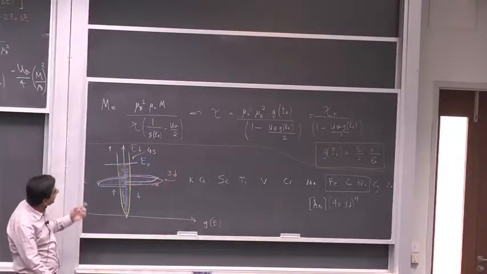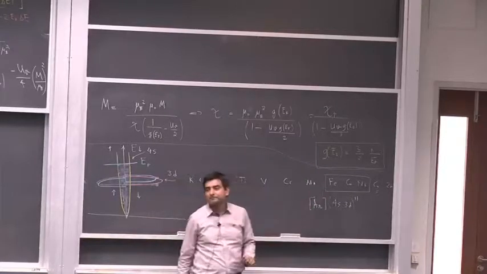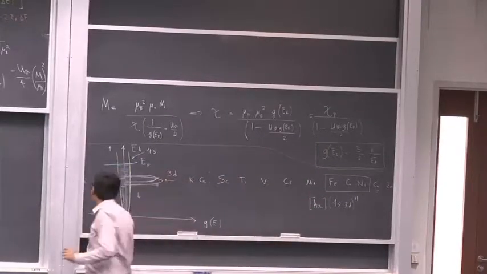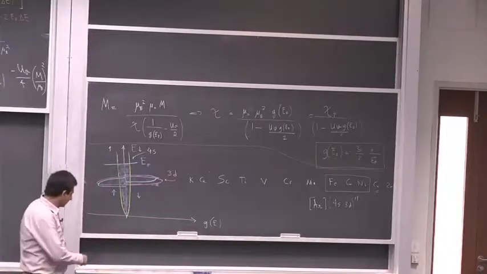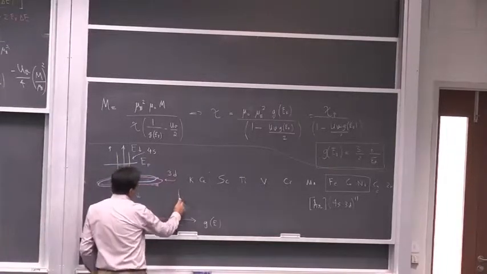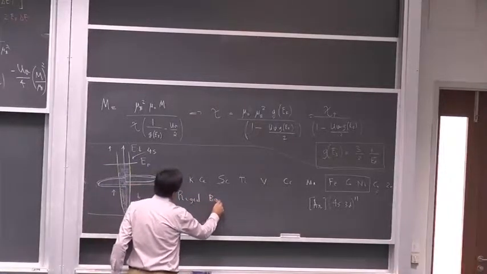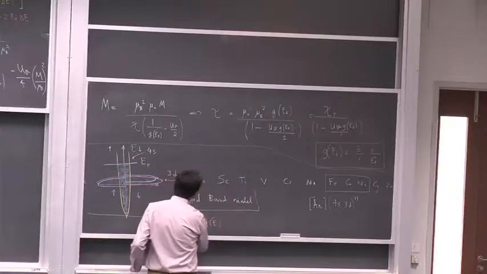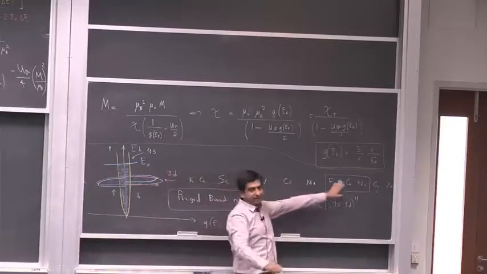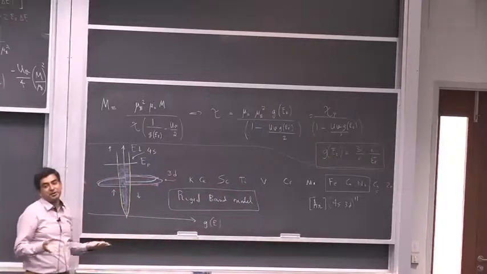Now let's look at, say, iron. What we would like to do is follow the rigid band model. The rigid band model says that for different elements inside the series, the band structure does not change appreciably.